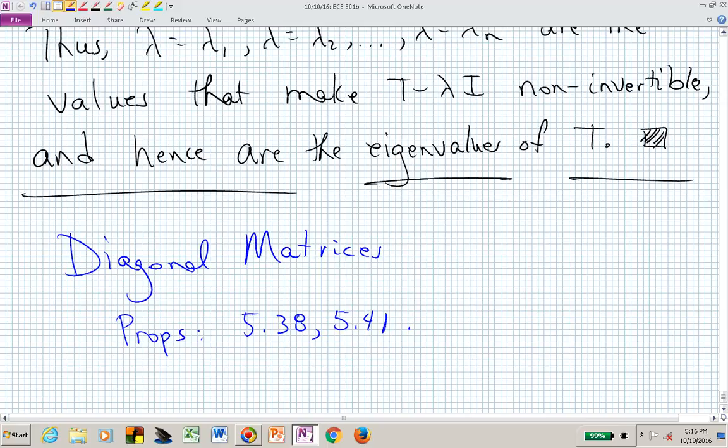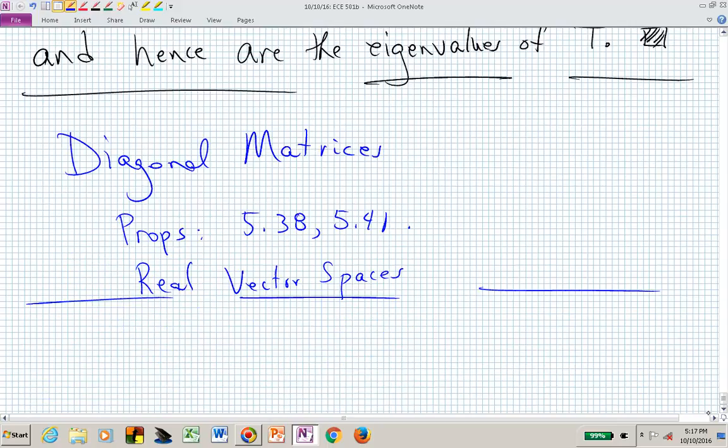And make sure that you're okay with those, and what you can also do with this under real vector spaces. And as I promised at the beginning, we'll pick up with chapter 6 on Wednesday. I'll assume that you're now able to go on through and look at these results for diagonal matrices.